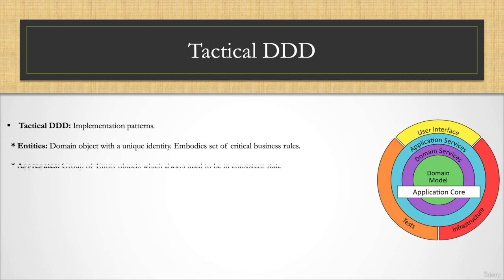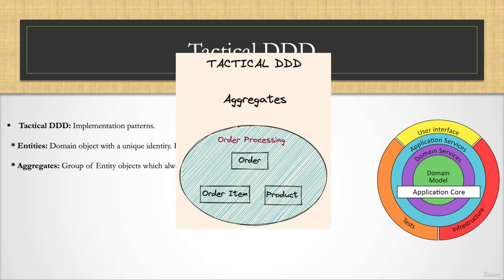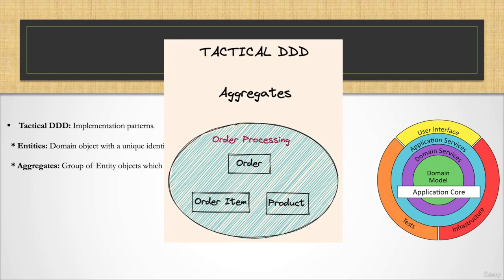The second concept is aggregates, which is a group of entity objects that are logically related. For example, you may have an order process aggregate that includes order, order item, and product entities. The important thing with an aggregate is that it should be retrieved and stored as a whole in a consistent state.